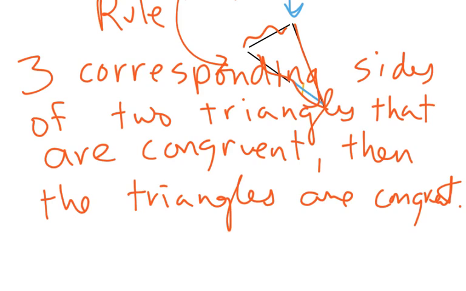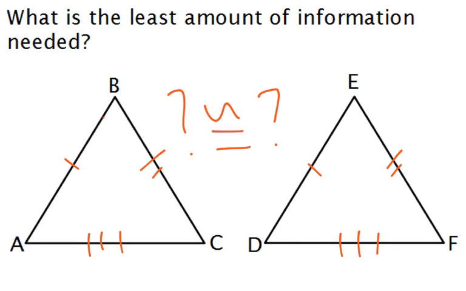Okay, it always works that way. So in this case, are they congruent? Yes. Okay, even if one of them were to be rotated a different way, it would still work.